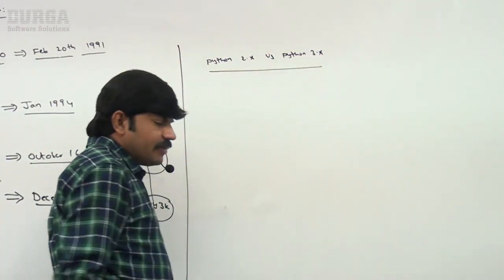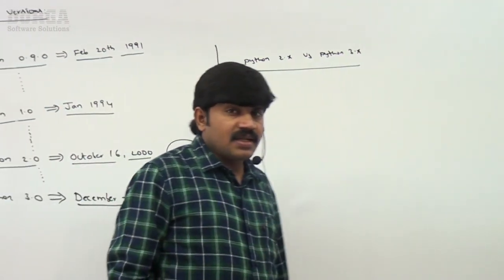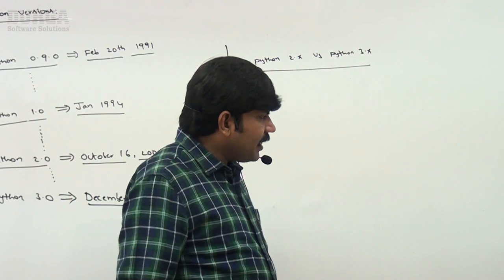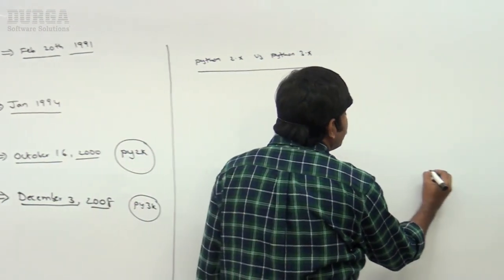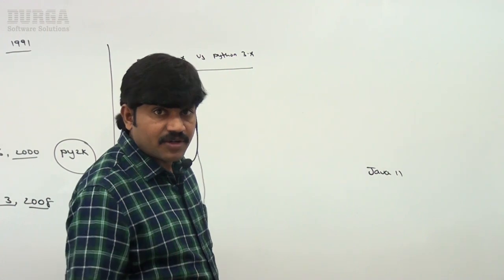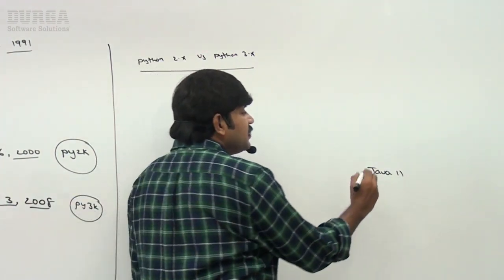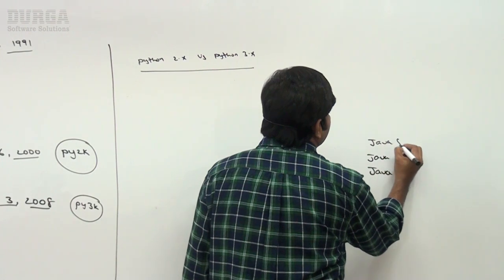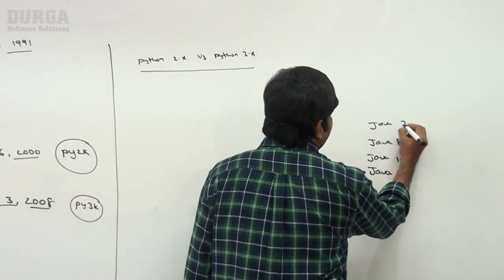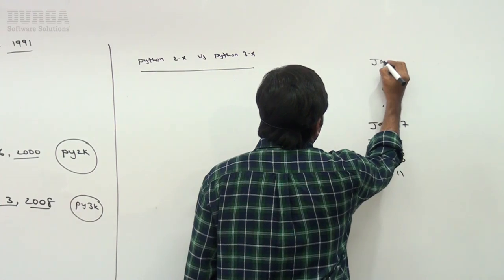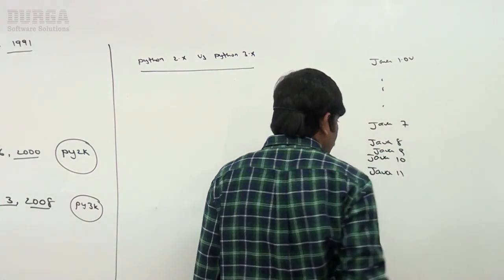Before that, just be aware, if you consider Java versions, as of today the latest version of Java is Java 11, sir. Maybe in the next month Java 12 may come. Java 10 was there, Java 8, Java 7, Java 9, and the Java 1.0 version is also there, sir.